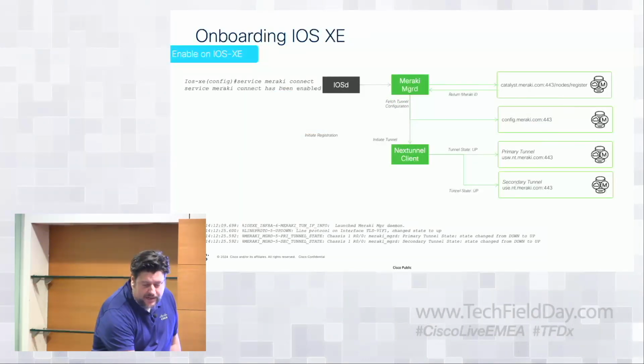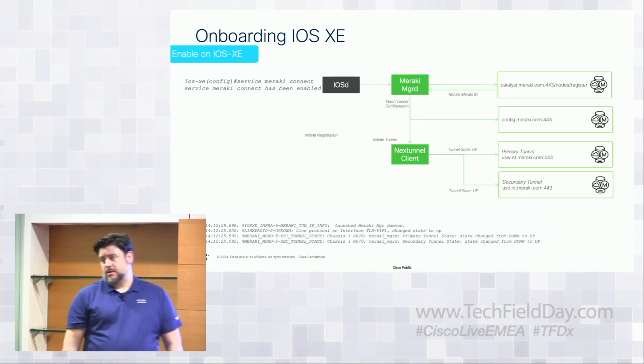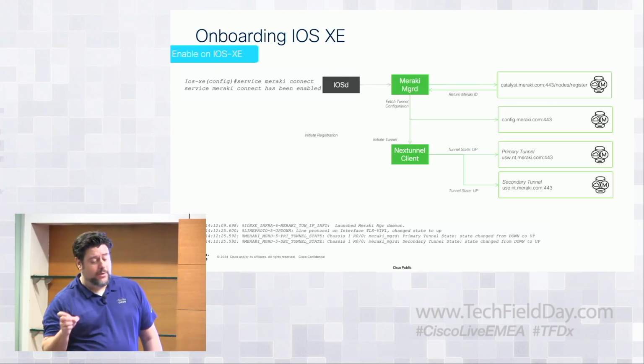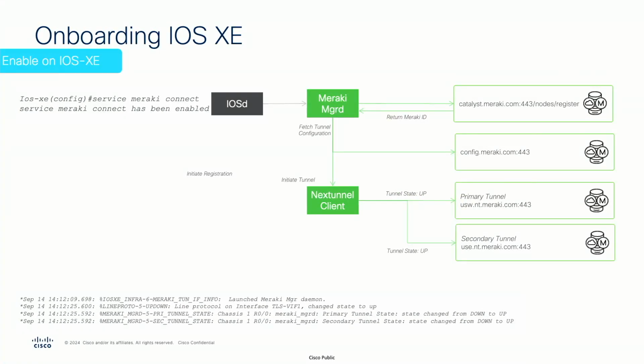Here's a little bit more on that registration process. When you first enable the command in IOS, it's going to trigger the MGRD daemon to go out and register with catalyst.meraki.com. All this happens before the tunnel comes up, but this is that MTLS authenticated HTTPS session. It's going to reach out to that registration server, which is going to verify its identity with that trust anchor module I was telling you about, and then generate that cloud ID and send it back to the controller.